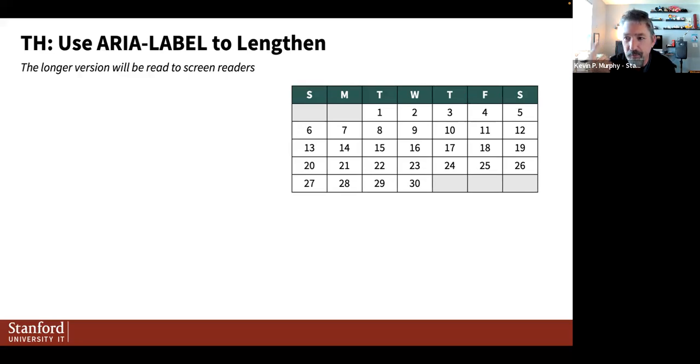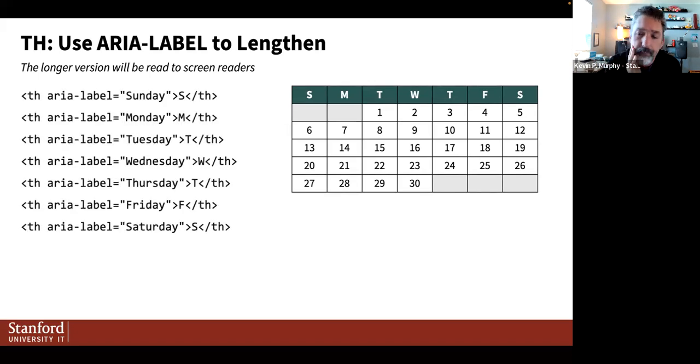Visually, it's very easy to see, oh, that's Thursday. I can pick out that, oh, that's going to be Thursday. But if I'm using a screen reader and I'm on the 17 cell and I ask what is my header, it's going to say it's T. Not enough information. And so we might want to make our table headers have more information than what's presented visually. And we do that with ARIA again.